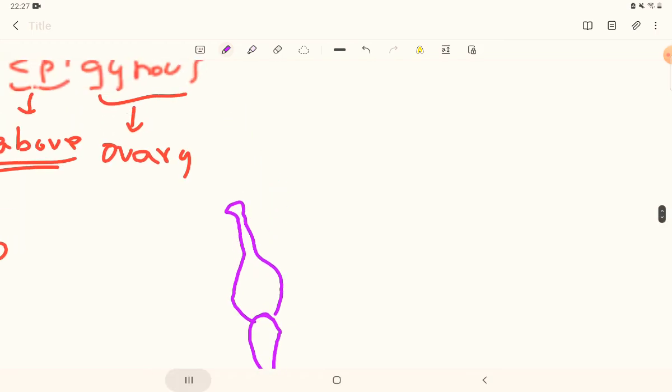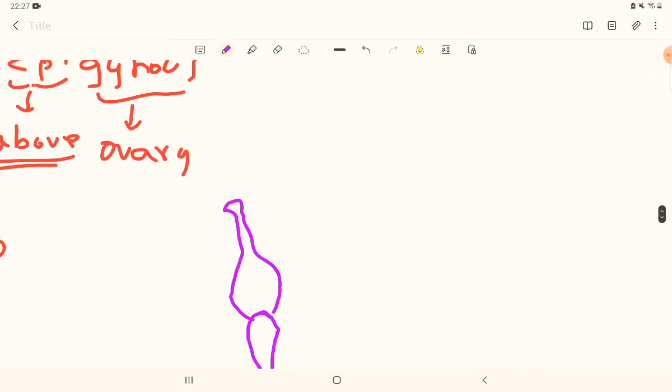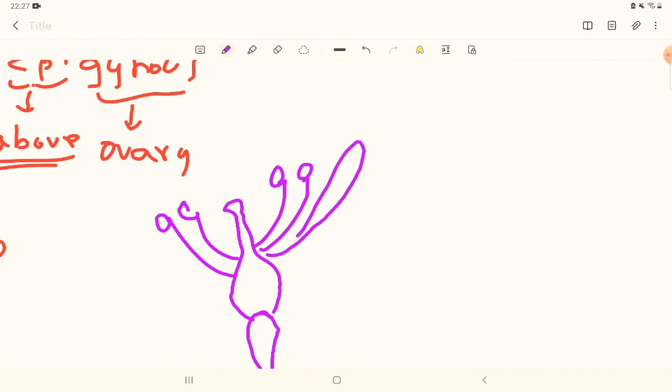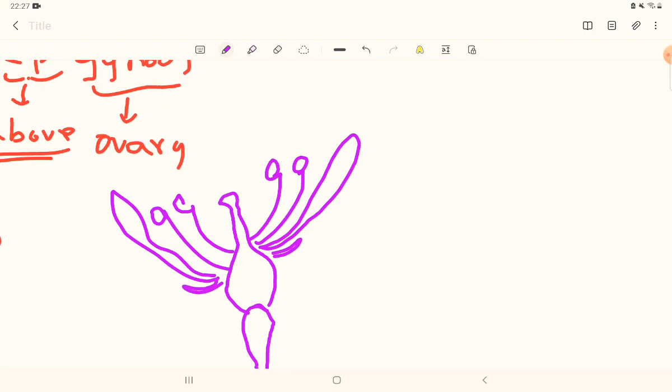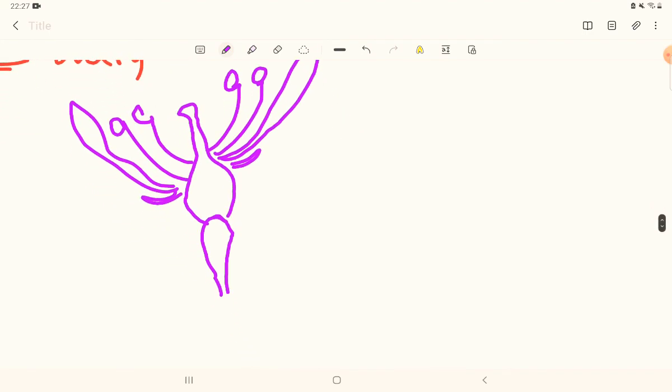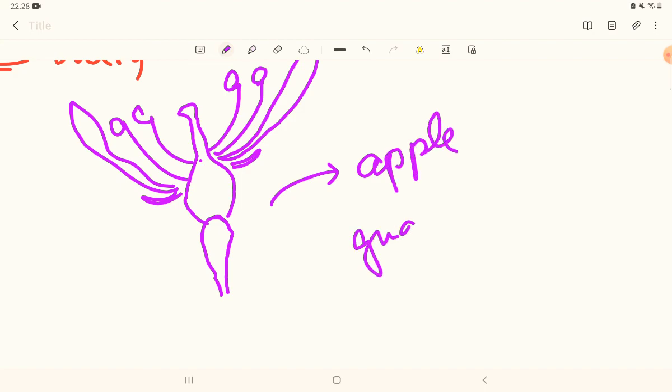The parts will be here, and the ovary will be submerged in the thalamus itself. A very good example is apple, guava.